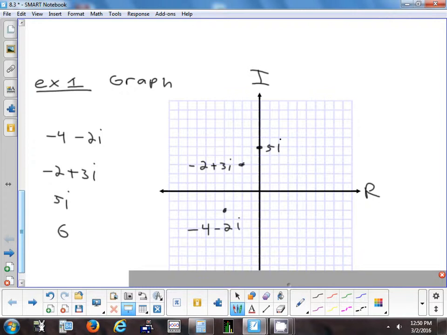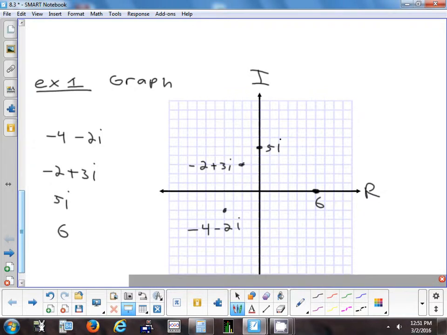How would we graph 6? Yep, positive 6 on the real axis, which is to the right. These two are special cases. They're right on the axes. We're going to talk about how the special cases work versus when we land in a quadrant. Any questions on how to graph a point?